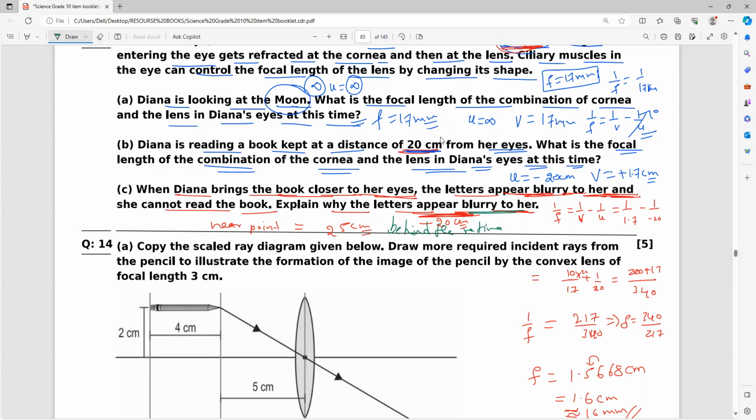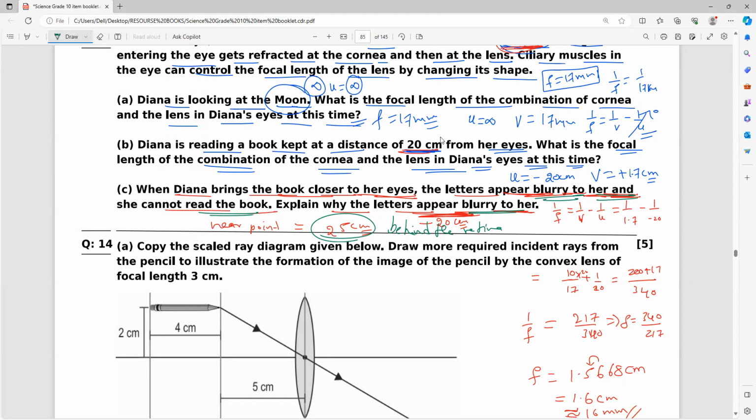They are not mentioning less than 25. If they had mentioned less than 25, then your answer would be correct, because the near point is 25 centimeters and the eye already attains the maximum power. But now they are saying that when she tries to bring the book closer to her eyes, the letters appear blurry and she cannot read.